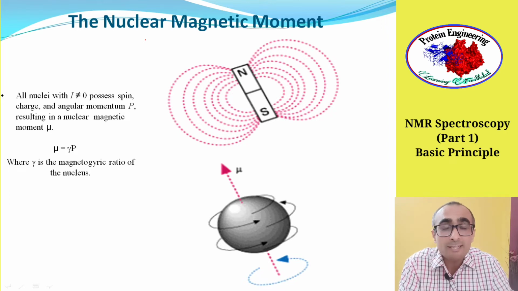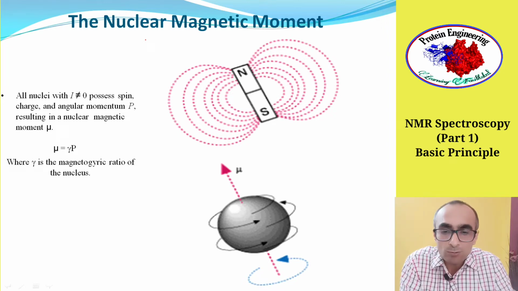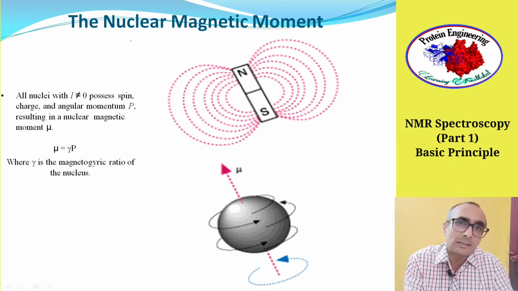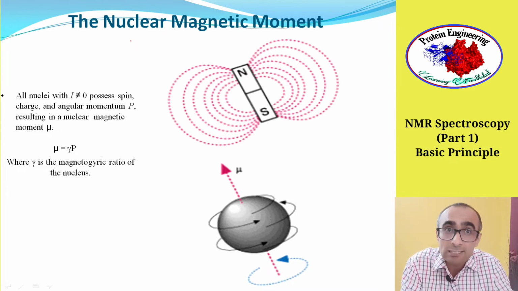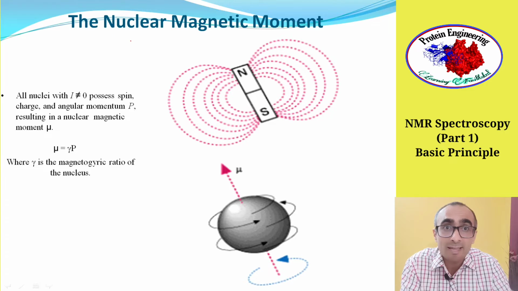And this magnetic moment depends on the angular momentum of that nucleus. So a nucleus which is spinning behaves like a magnet, because it creates a magnetic field as it has charge and it's spinning.